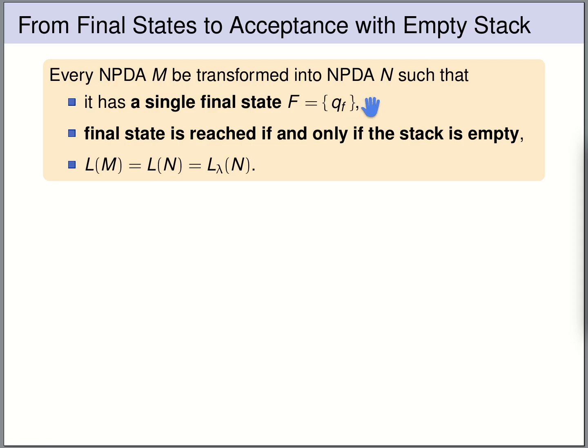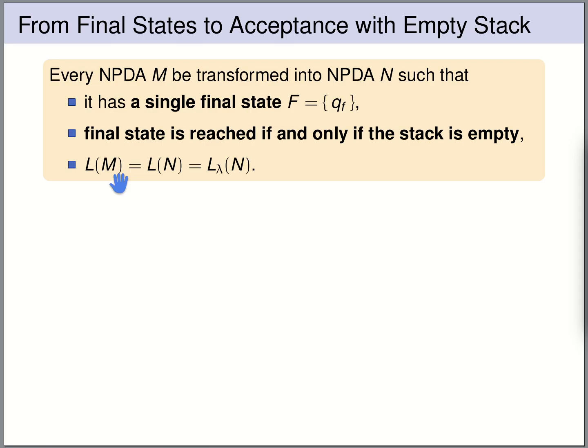This final state is reached if and only if the stack is empty. And this property means that the empty stack language of N is the same as the language of N. So for N, acceptance in an empty stack is the same as acceptance in a final state. Thus, in particular, the empty stack language of N is equal to the language of M.